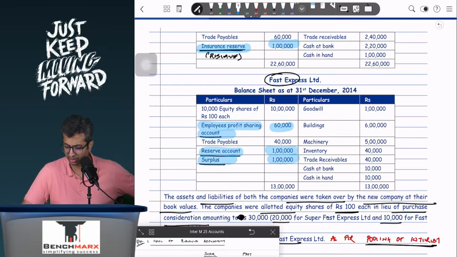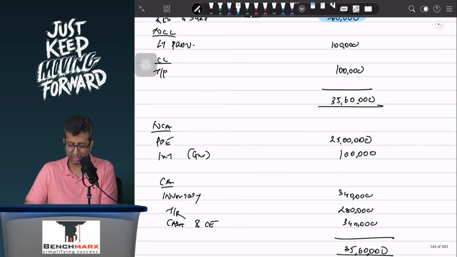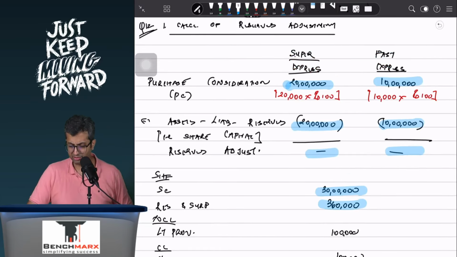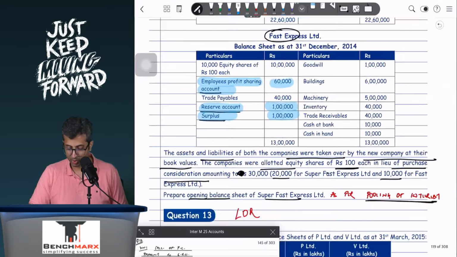So we will respect that. So this is 2 lakh 60 and 1 lakh. Total is 3 lakh 60 worth of reserves. And share capital will have 20 and 10, 30,000 shares at the rate of rupees 100, that is 3 lakhs. Other than that, it is a direct totaling up of each of these assets and each of these liabilities at book values only, because this is the pooling of interest method. Are we clear with this? Question number 12. Yes, sir. Question number 13.